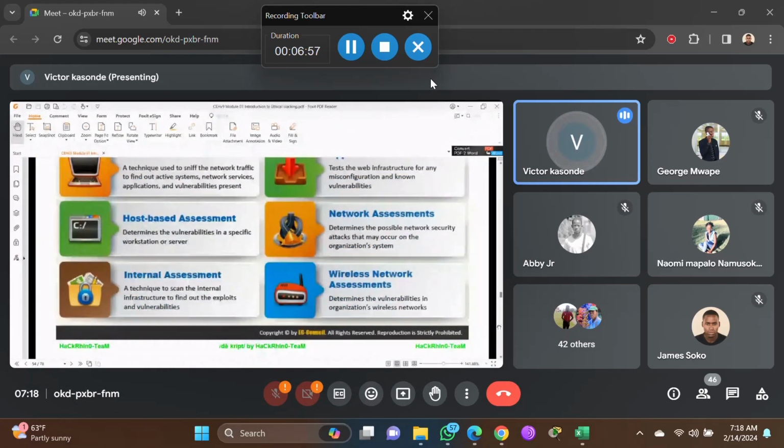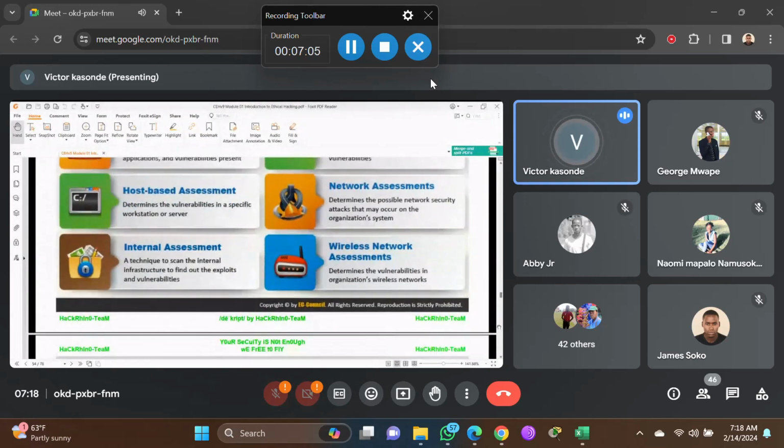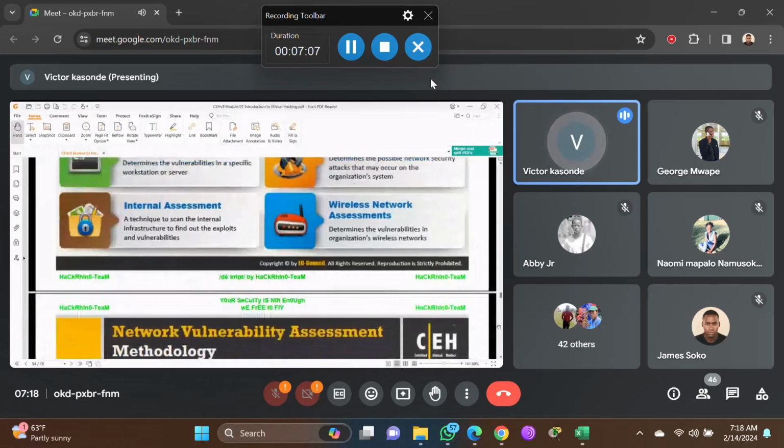We have network assessment, which determines the possible network security attacks that may occur on the organization's system. So you check that. Also wireless network assessment, where you determine the vulnerability in an organization where wireless is concerned. Wireless is a different network that anyone can access.